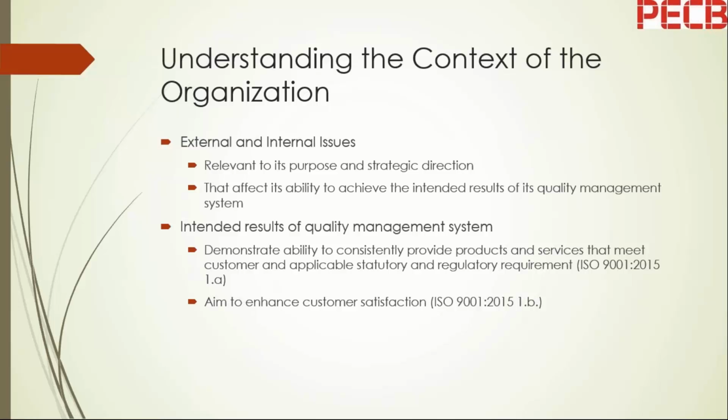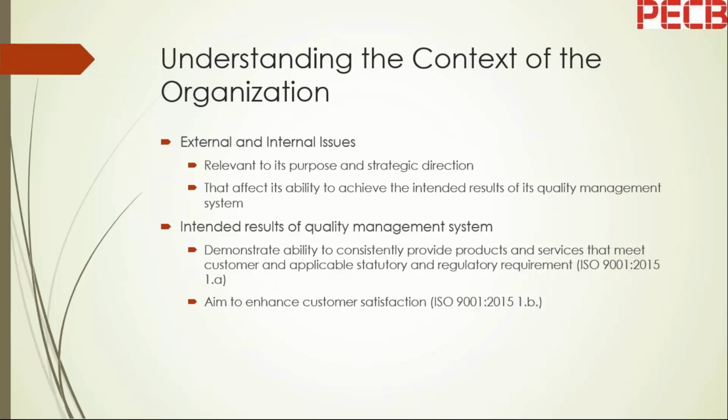The purpose of the quality management system is to demonstrate the ability of the organization to consistently provide products and services that meet customer, statutory, and regulatory requirements. The aim is to enhance customer satisfaction.